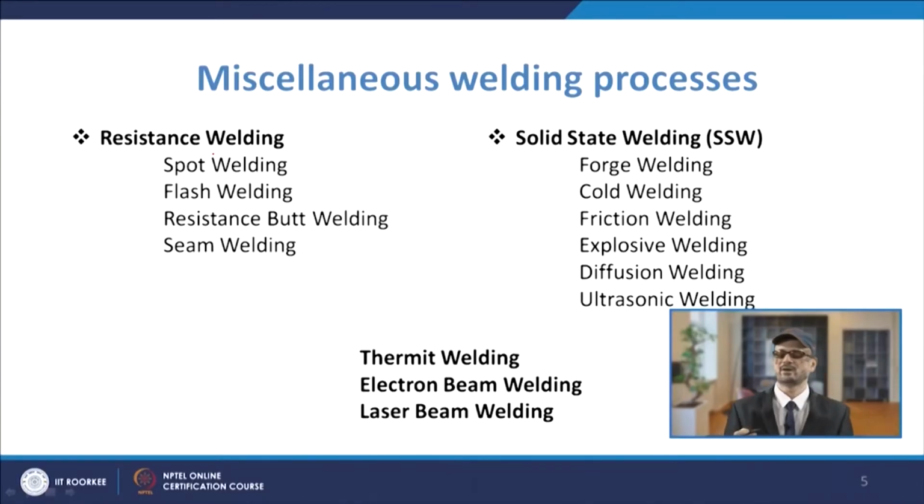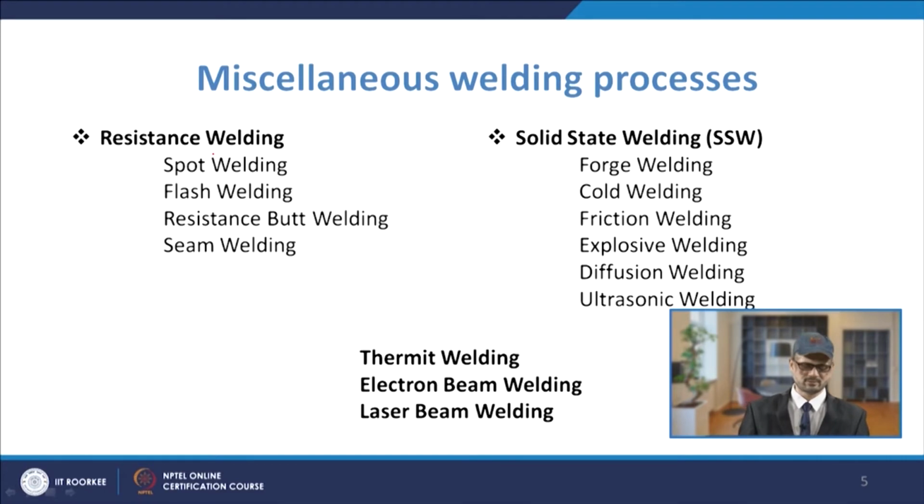So, in the cold state also there may be joining taking place. In friction welding, because of the friction and the heat generated at that point, once you stop, there may be proper joining. Explosive welding, diffusion welding and ultrasonic welding are also among these solid state welding processes.